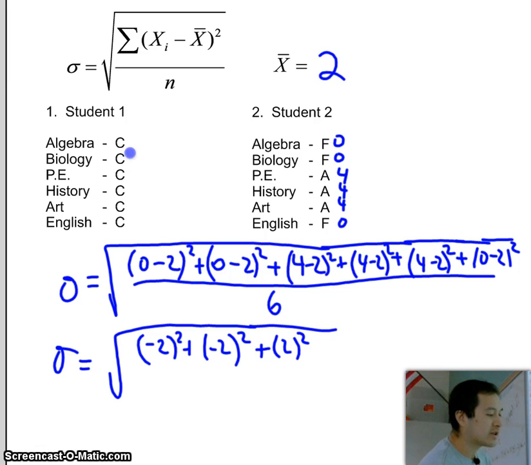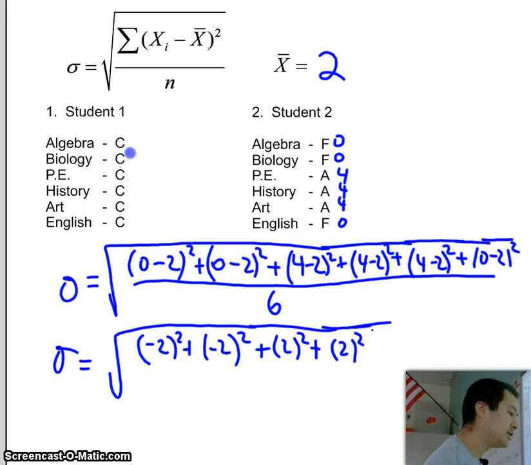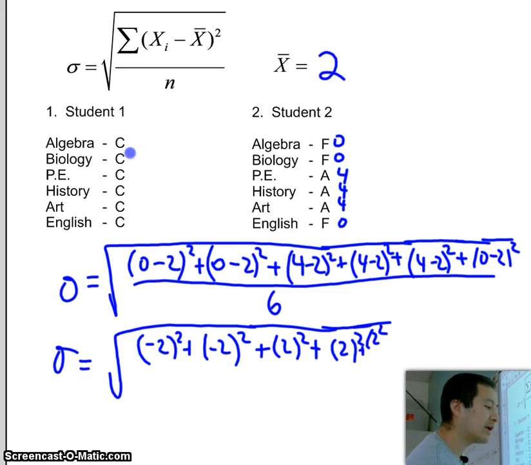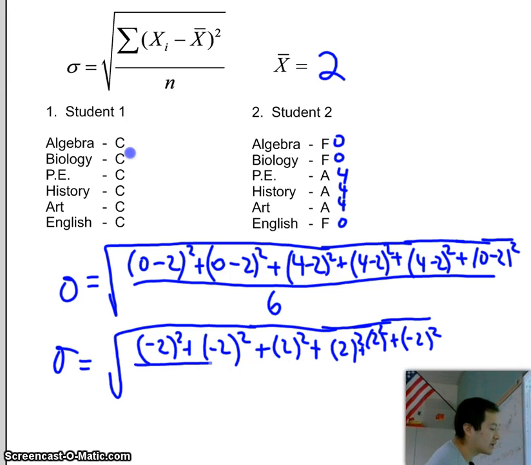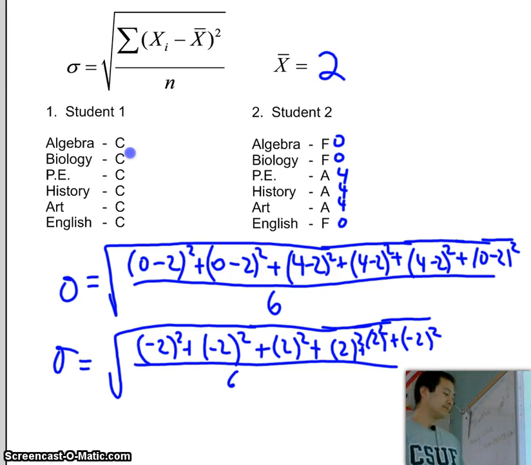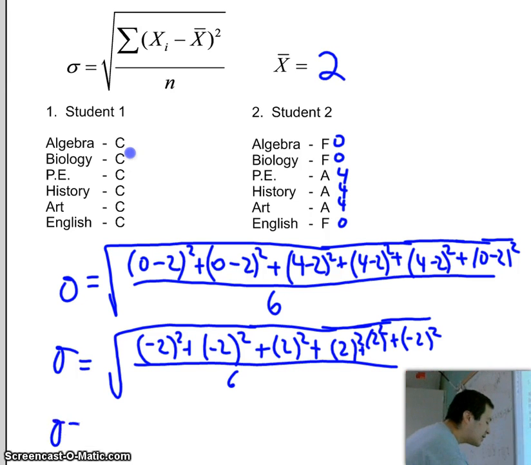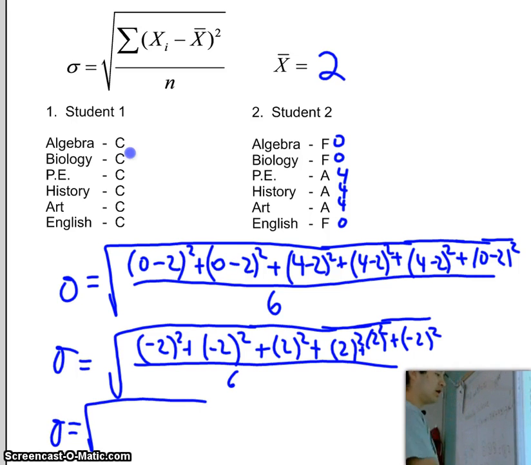So over here, the next one is going to be 4 minus 2, which is history, 2 squared. The next, art, 2 squared, plus 2 squared. And finally, English, which is negative 2 squared. Divide by the number of numbers, which is 6. The standard deviation is the square root of negative 2 squared, which is 4, plus negative 2 squared, plus 2 squared, and so on: 4, 4, 4, 4, 4.